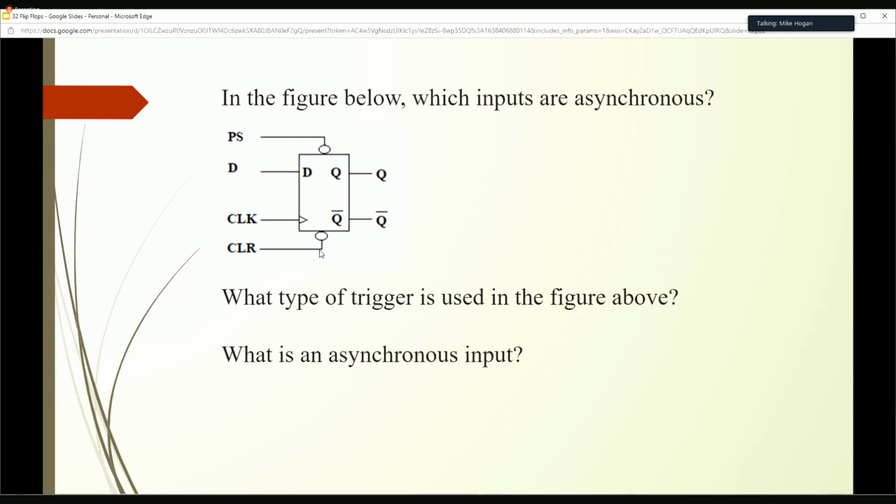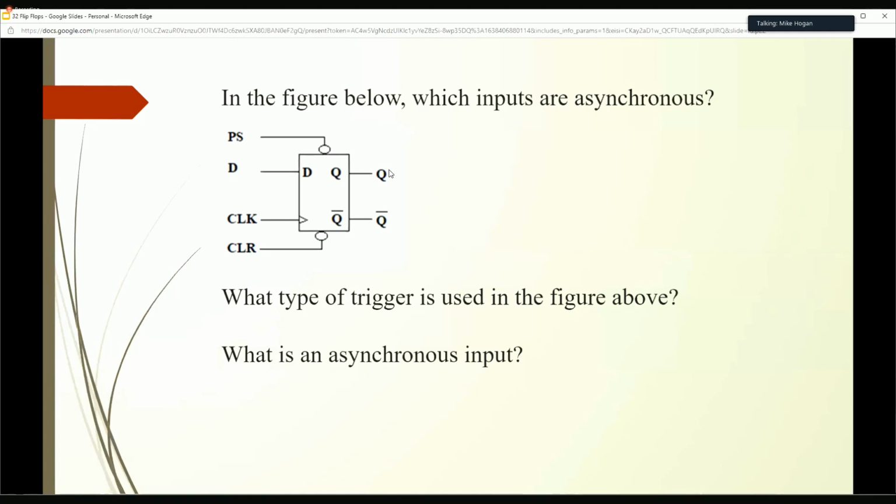How about on the clear? We're looking for a 0 or a 1 for it to be active. The same, right? It's a 0. It has that same state indicator. And so if I get a 0 on my preset, it's the same as set. It's asynchronous.